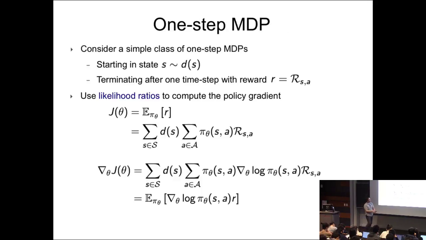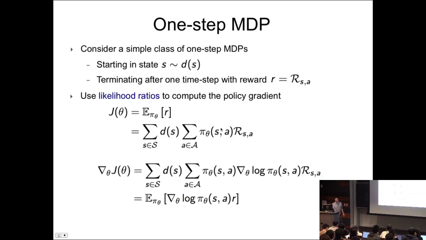What's happening here is that I'm replacing the gradient of this quantity with this, right? So if I take the gradient with respect to this objective, instead of taking the gradient with respect to pi, I'm going to be taking the gradient with respect to log of pi. And you can obviously see that if I take the gradient of the log, what's the gradient of the log? It's 1 over pi times the gradient of pi.